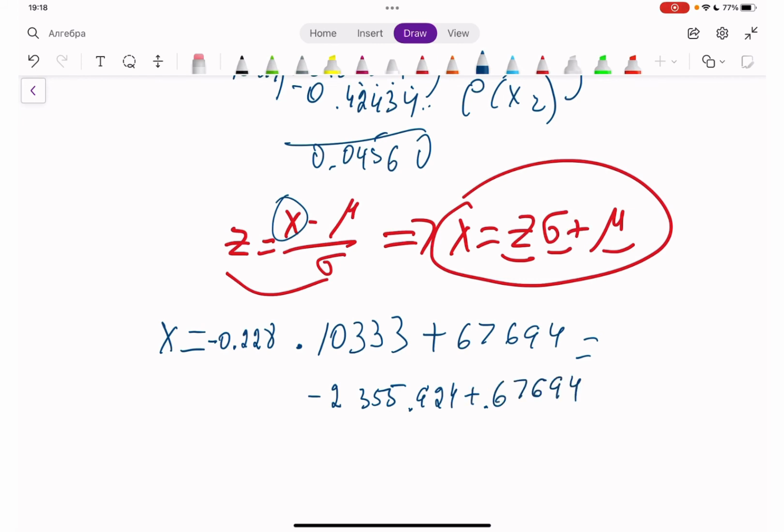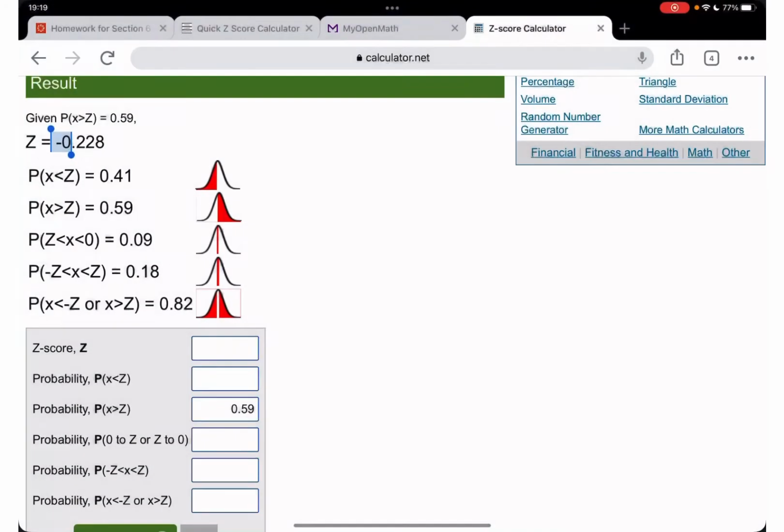In this case, I'm going to subtract because it's negative. Why am I getting a negative number? Of course, it's positive 65,338. I think we got the answer, yeah?